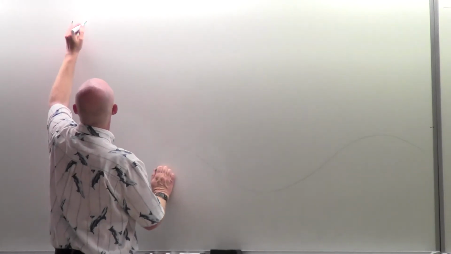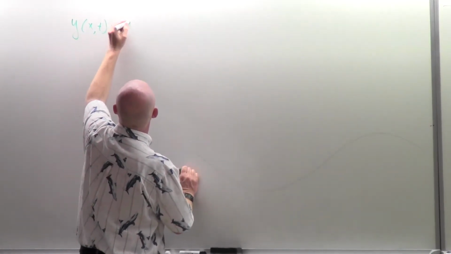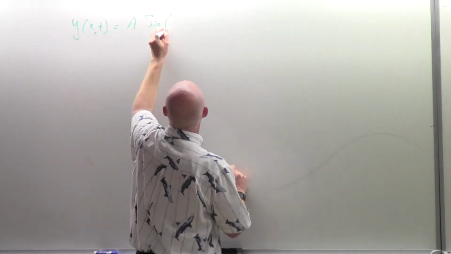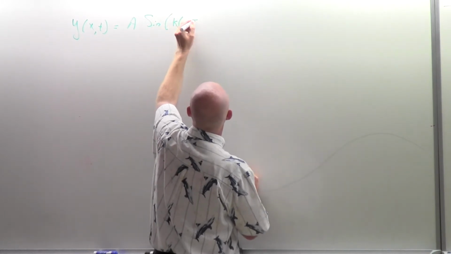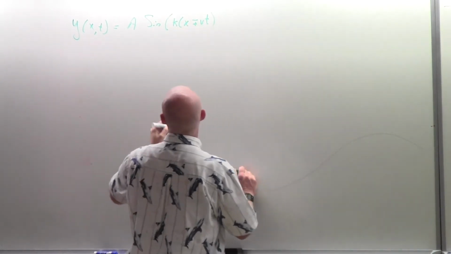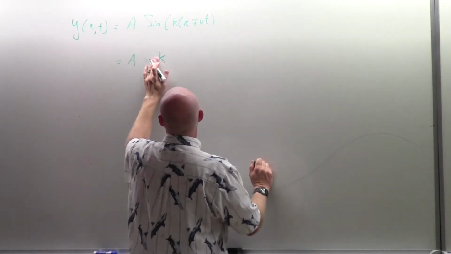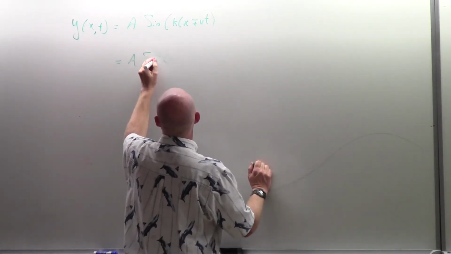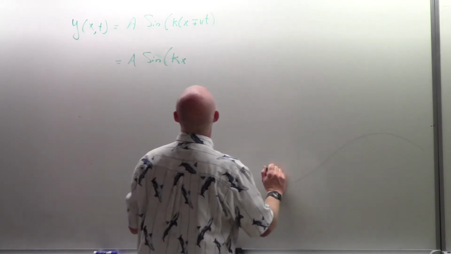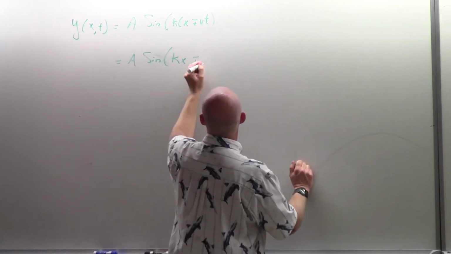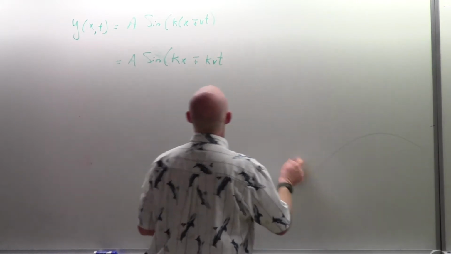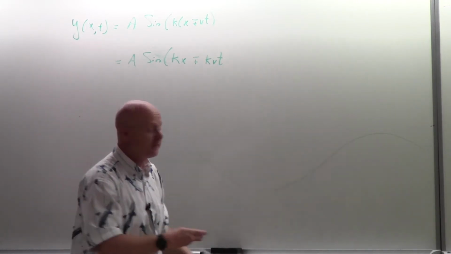If you write the equation for a wave as some amplitude A sine of k times x minus or plus vt, and you multiply this out, the first one becomes kx. The next one becomes minus or plus kvt. What is k times v?